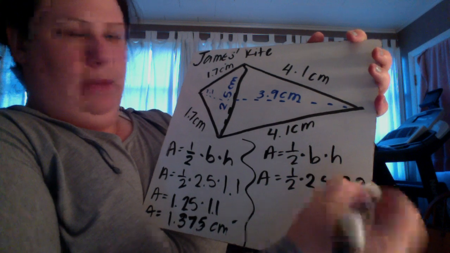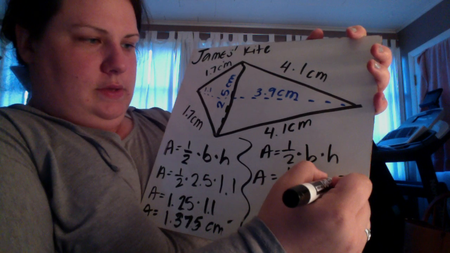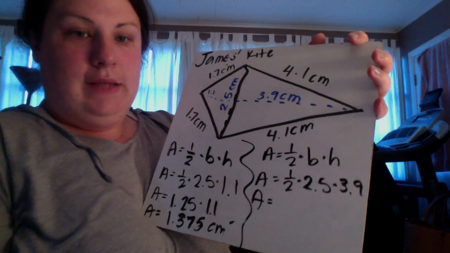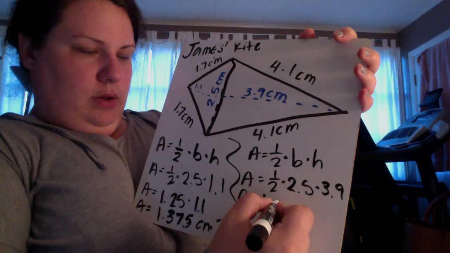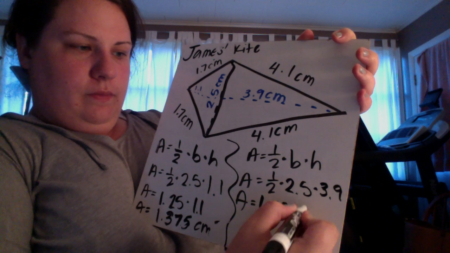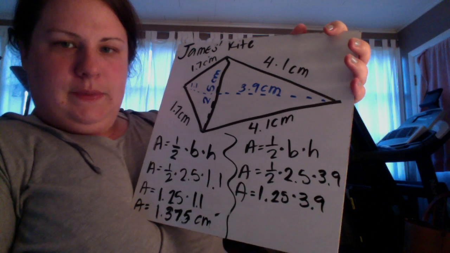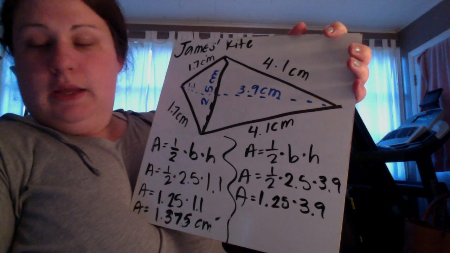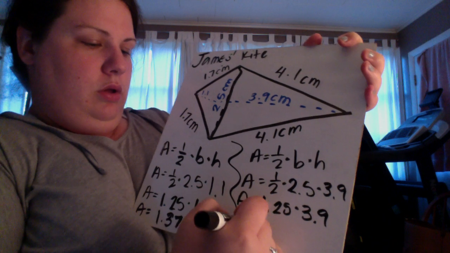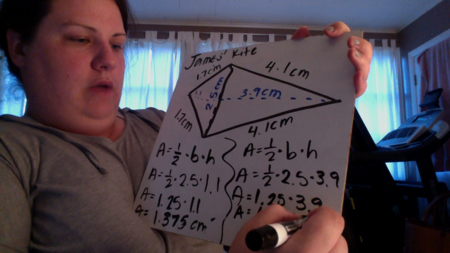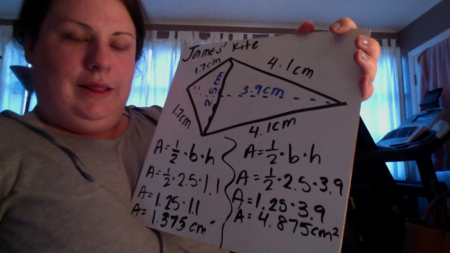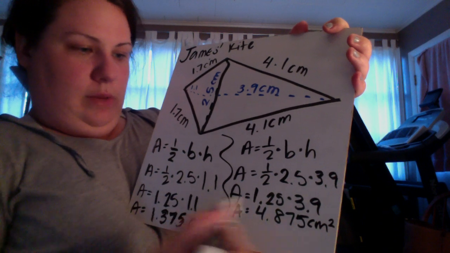So that one is way bigger. We remember 1/2 of 2.5 is 1.25. Our next step is to multiply that by 3.9, and we're going to get 4.875. All right, last thing, we need to add these two numbers together.